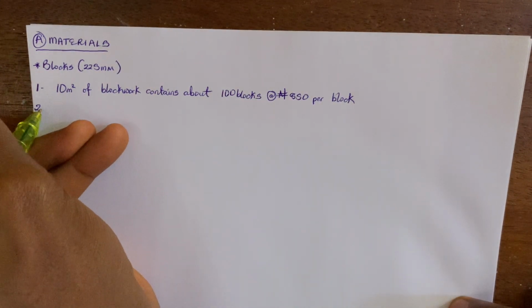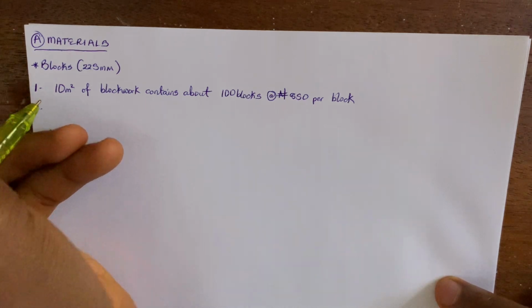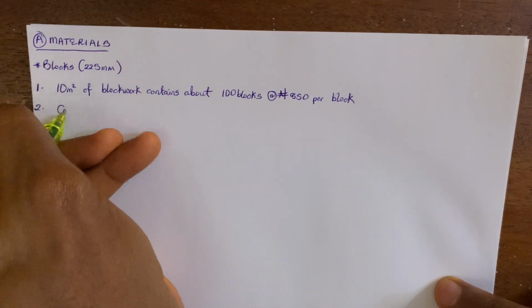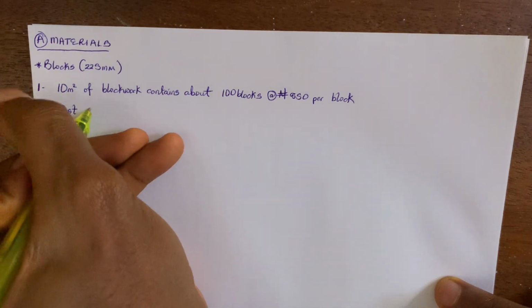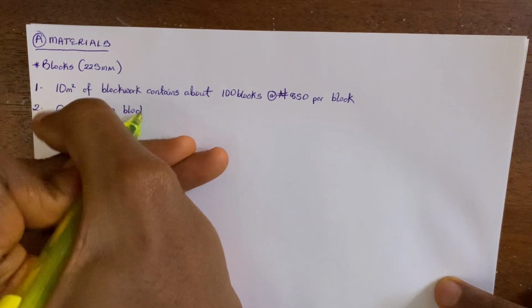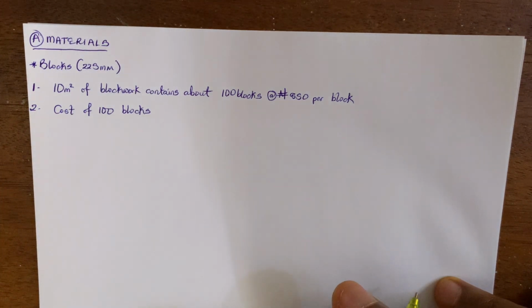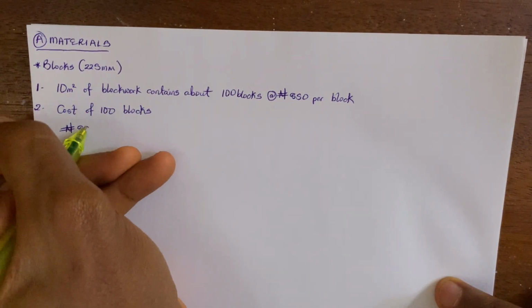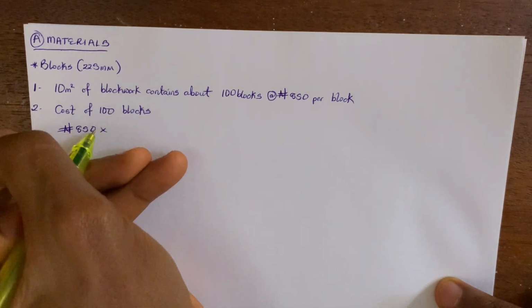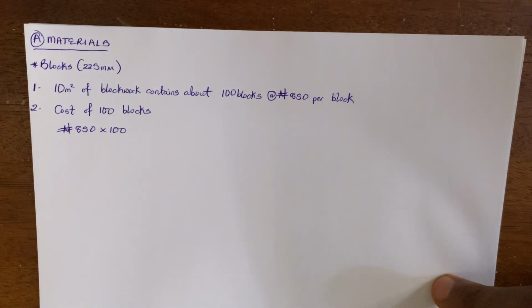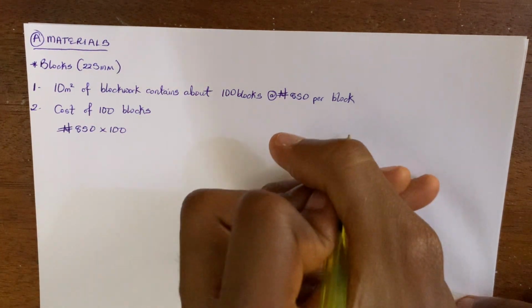So we can now see, if we know the cost per block, we can determine the cost for 100 blocks. So the cost for 100 blocks now becomes 850 multiplied by 100, and that will give me 85,000 naira.